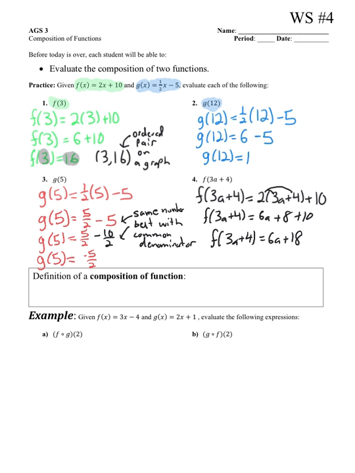Now, what we're talking about today specifically is composition of functions. So the definition of a composition of functions, I'm going to put an S there, that's a little typo, is using the output of one function as the input of another.